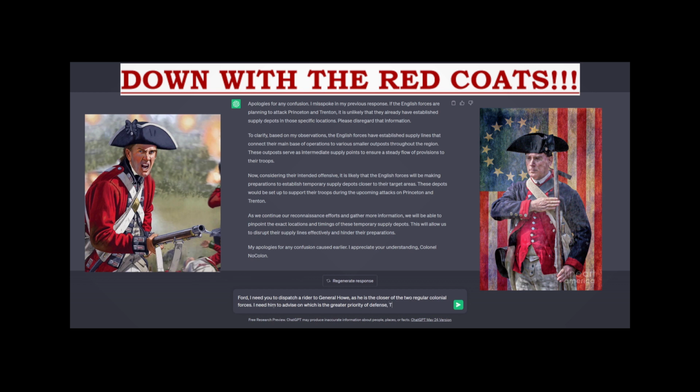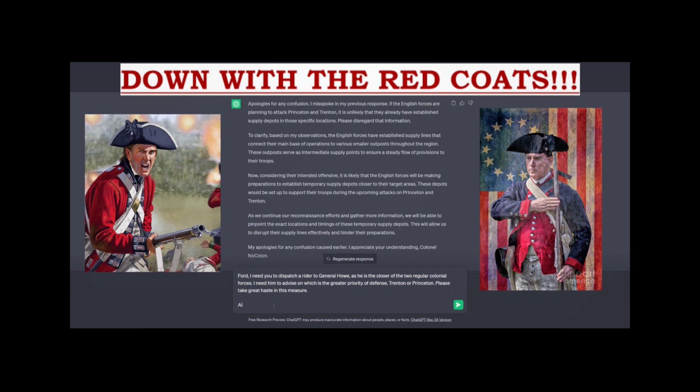Please take great haste in this measure. Also, Ford, can you please remind me of the date at this stage in our conflict?